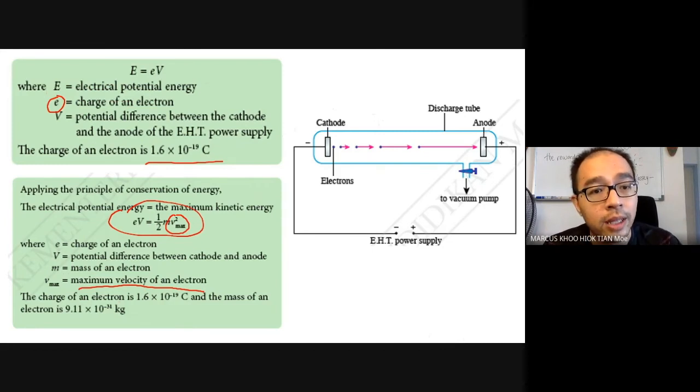The good news is the charge of an electron is a constant. The mass of an electron is also a constant, which you don't really have to memorize. Usually they will give you this: 1.6 times 10 to the power negative 19 coulombs, which you studied in chapter 3, and 9.11 times 10 to the power negative 31 kilograms, which you studied in chemistry. Well, you should know this.